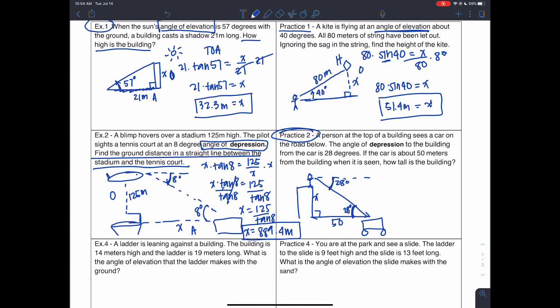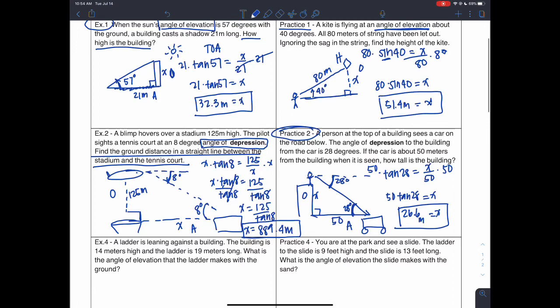And then we label x is opposite and 50 is adjacent to 28 degrees, so we will be using tan. So tan 28 equals x over 50. Now go ahead and solve this for x. Now I hope everyone was able to get x equals 26.6.